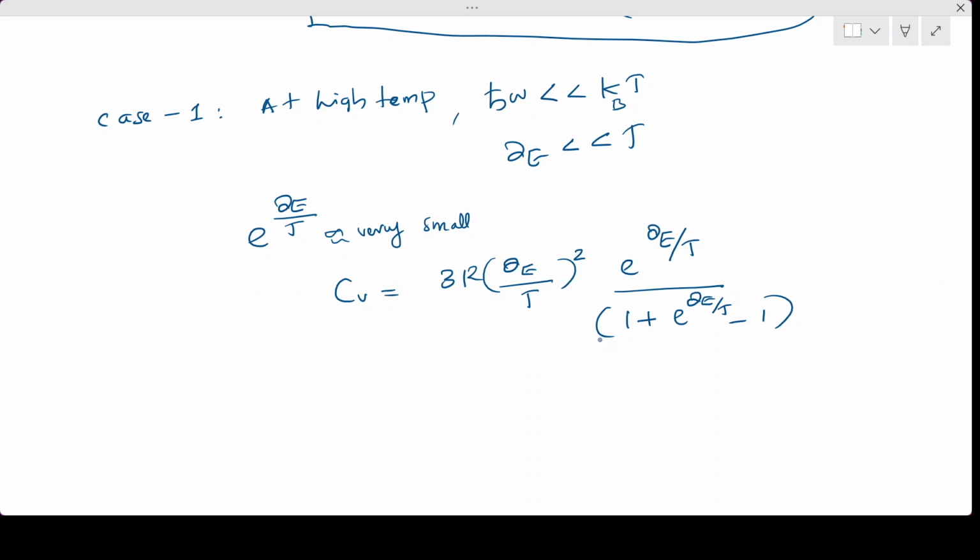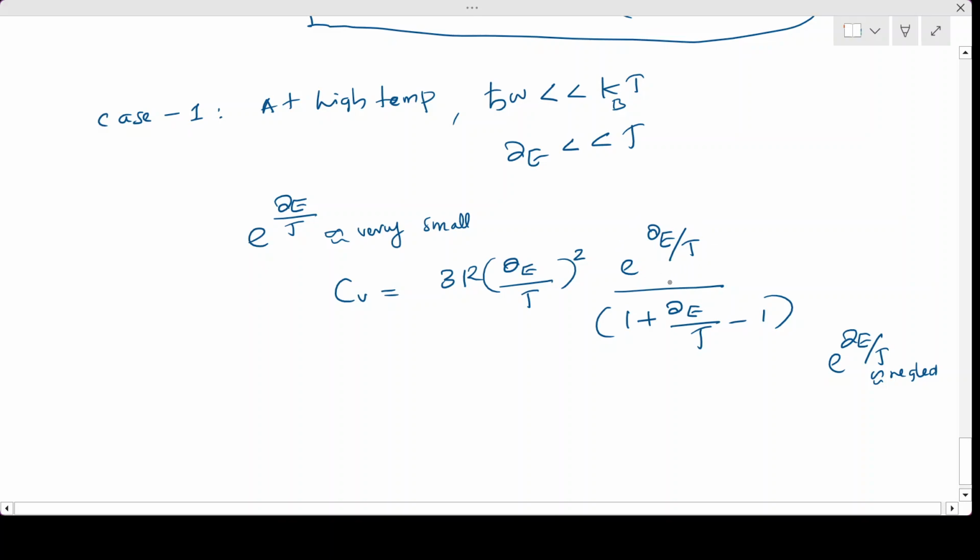So this becomes theta E by T, because e raised to theta E by T is a very small quantity, so we can actually neglect this.